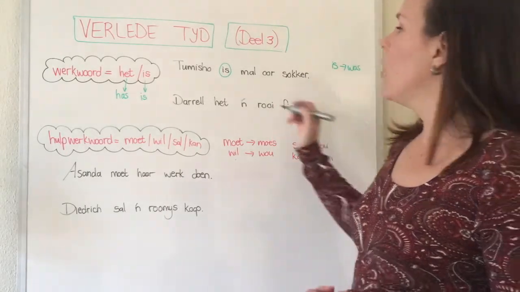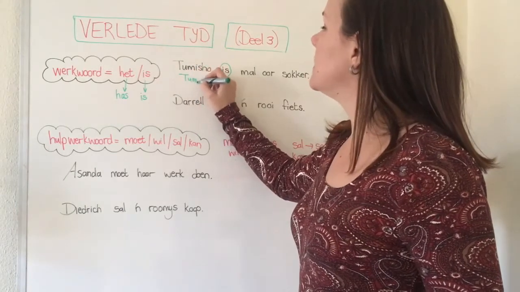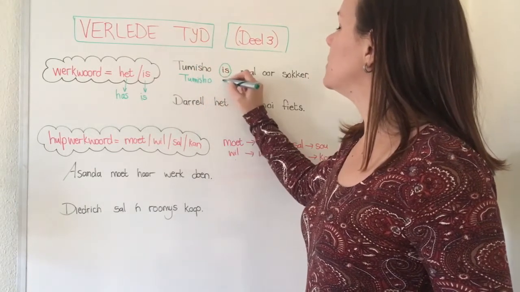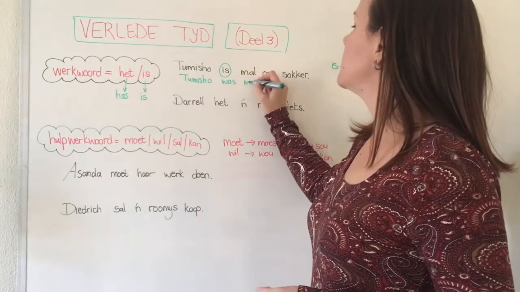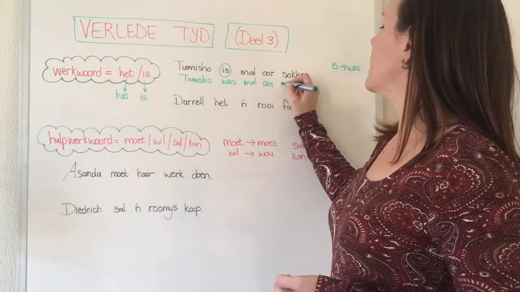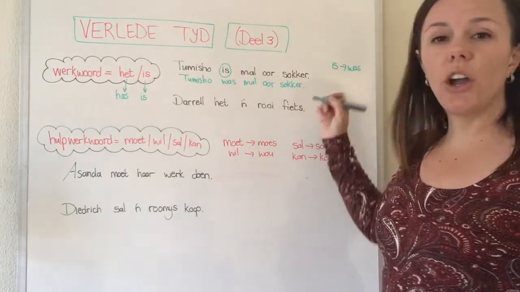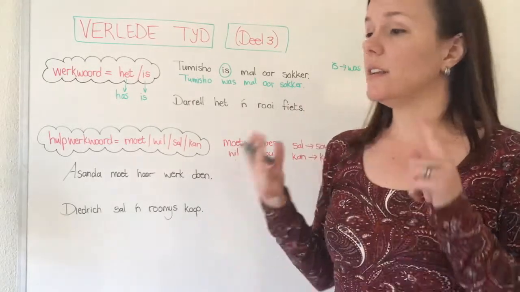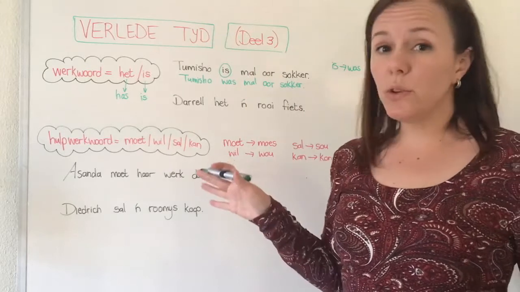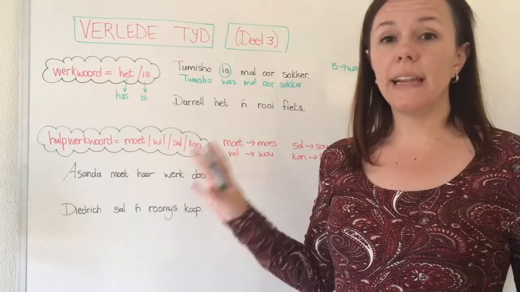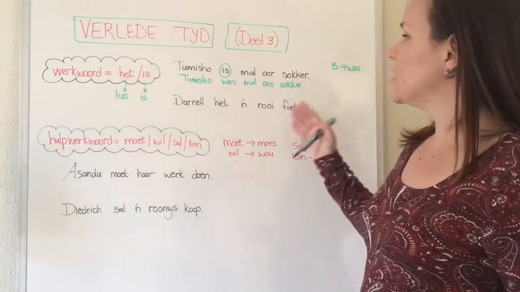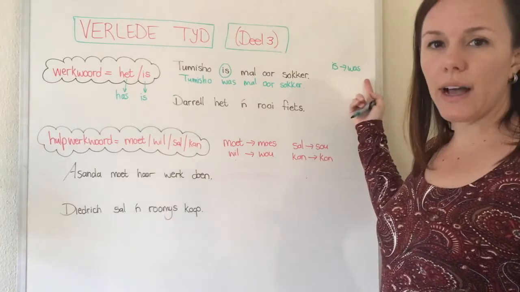So this sentence in the past tense becomes Tumisho was mal oor sokker. Very, very simple. That's the only change. There's no het, there's no ge, the verb doesn't move to the end. The rule is completely different from the normal one. We just change is to was.